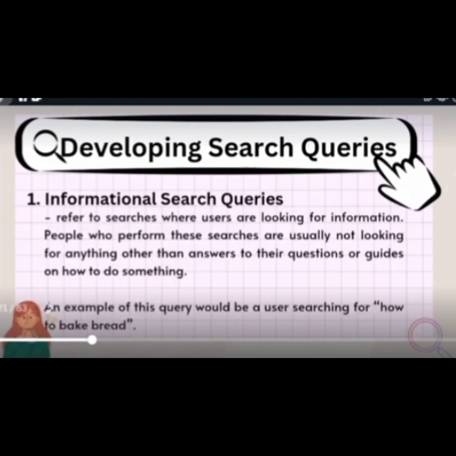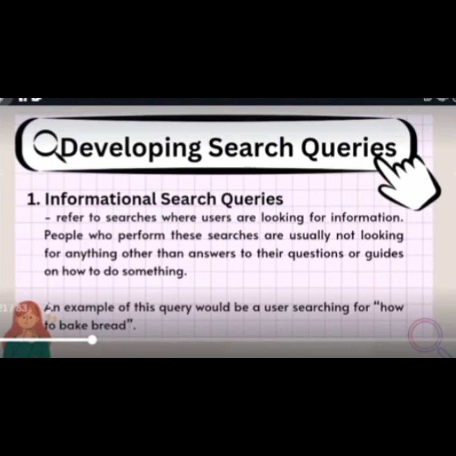First, we have informational search queries. It refers to the searches where the users are looking for information, from the word informational. You can be a student who finds answers for assignments, information about your assignments, or meanings of words. People who do this kind of search query are not usually looking for anything other than answers to questions or guides on how to do something.